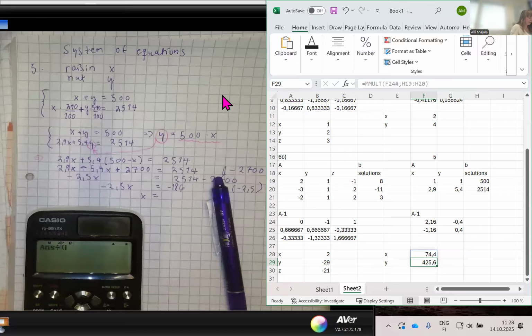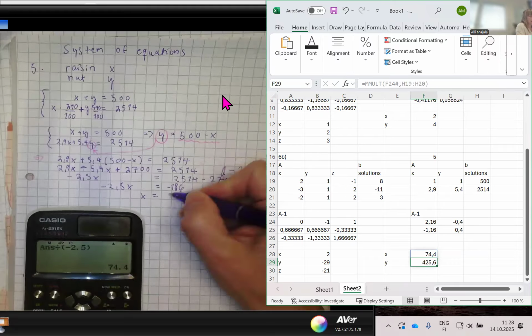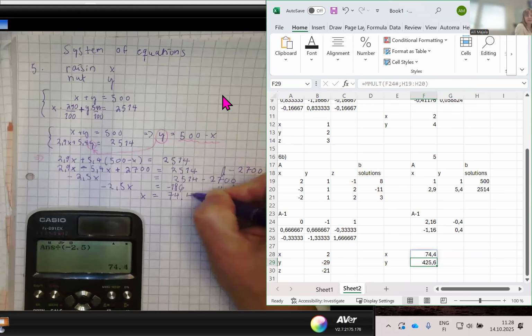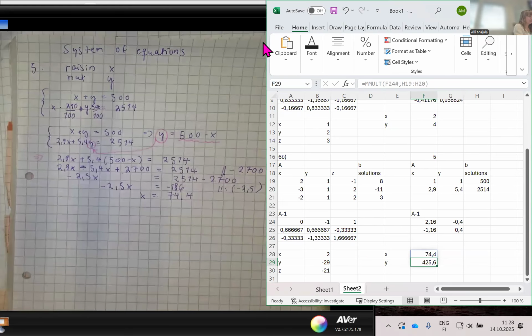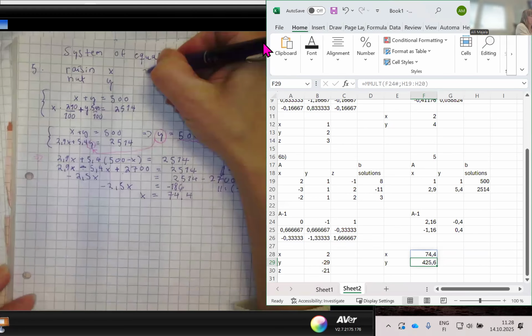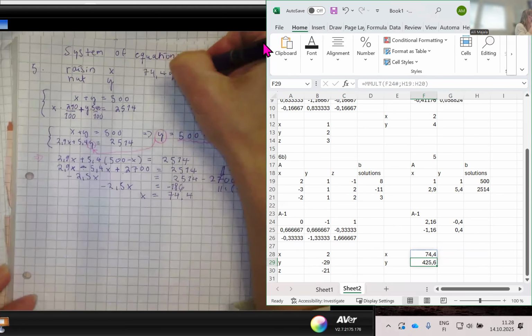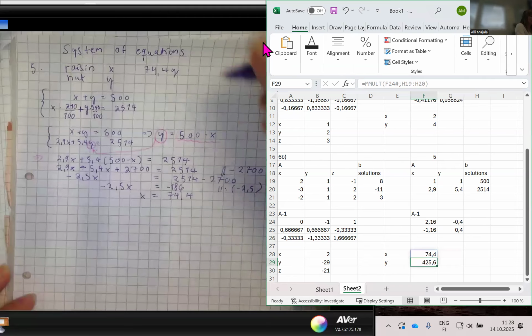I don't know if I need to put the brackets here. And I get the same answer here as well. And then, of course, this was the raisin, so that was 74.4 grams.